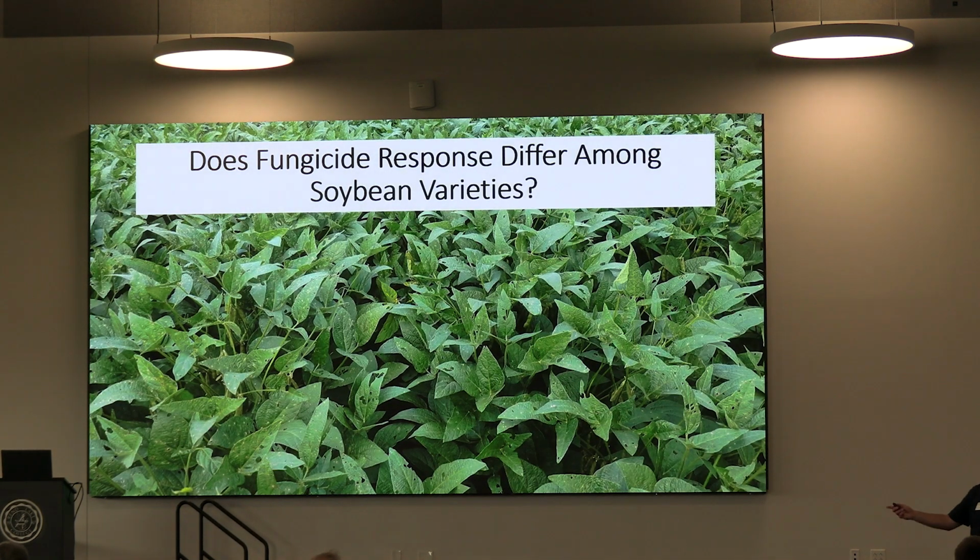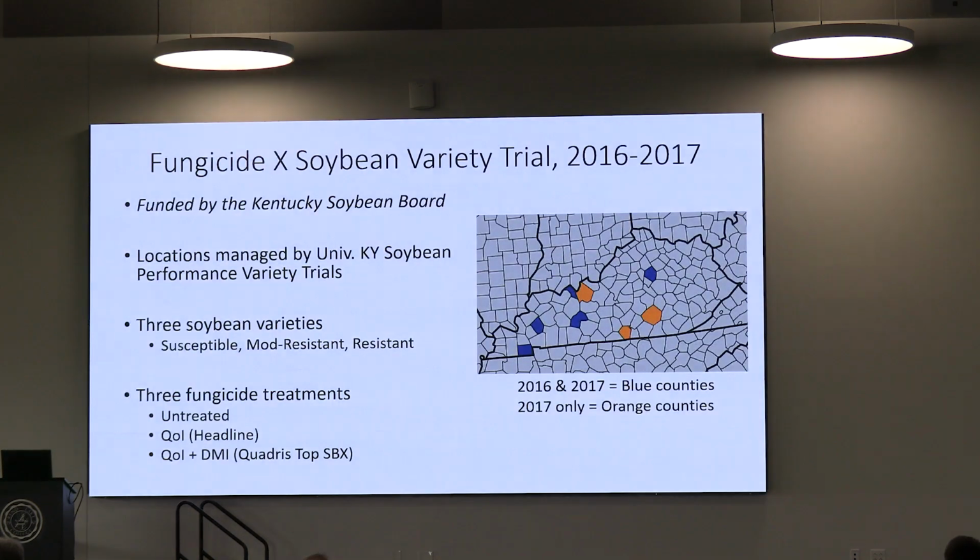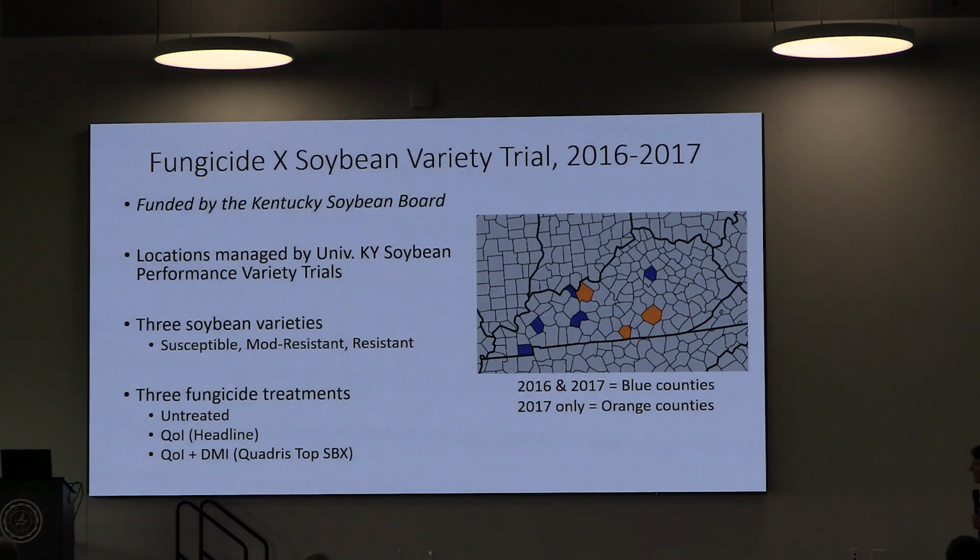One of the things that Boris mentioned when we're talking about frogeye leaf spot is variety resistance. Seed companies are pretty good about rating their varieties, providing those ratings for resistance to frogeye leaf spot. And so that can make a difference. Again, this is some work that was funded by Kentucky Soybean Board. A little bit older data, from 2016 to 2017, but we had a lot of different locations throughout Kentucky, as you can see there.